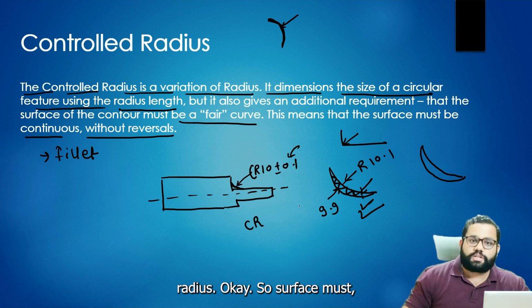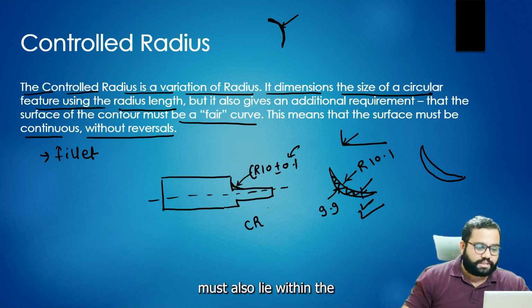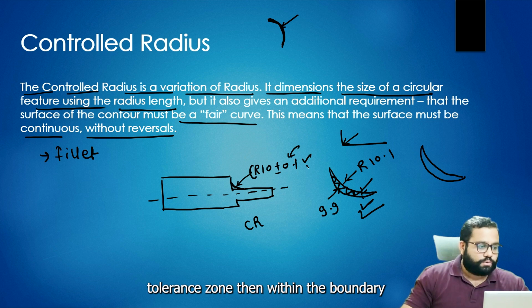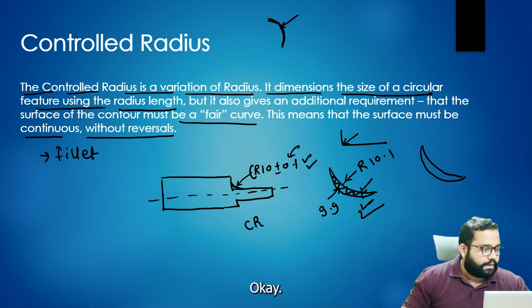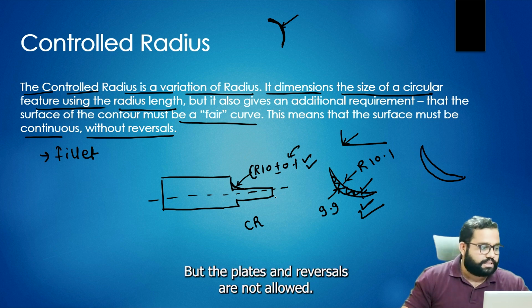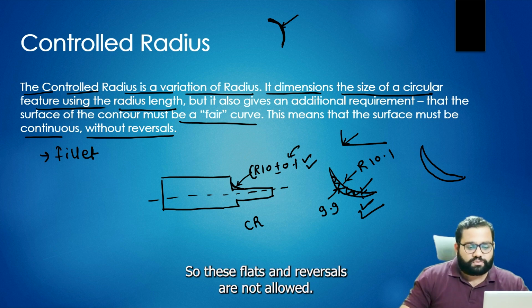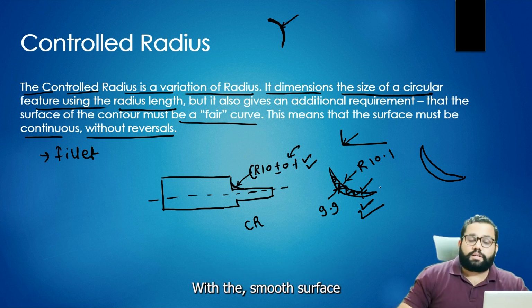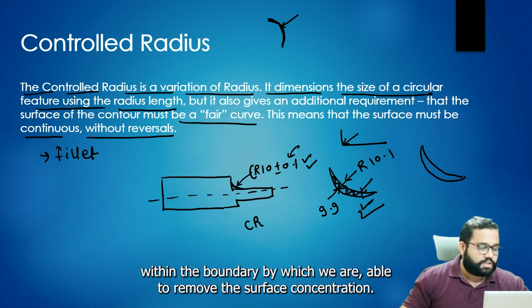The surface must also lie within the tolerance zone, within the boundary of 10.1 and 9.9, but flats and reversals are not allowed. It must be a smooth surface within the boundary, by which we are able to remove the stress concentration.